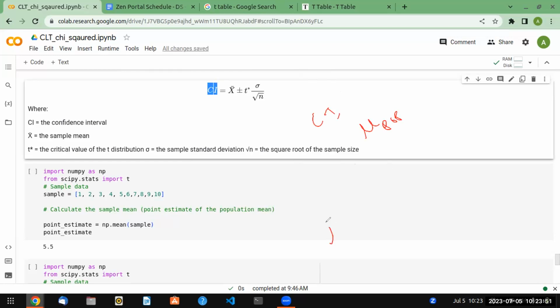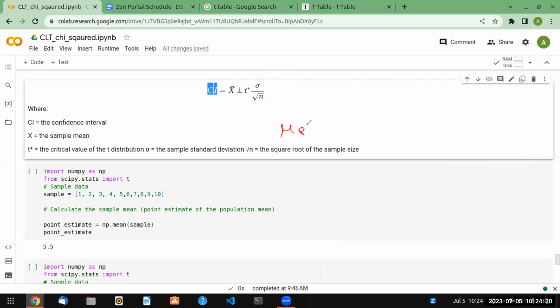So mu population equals the interval we are calculating: mu sample minus T star sigma over root n, where sigma means the sample standard deviation and n means the sample size. Let me clearly write it.